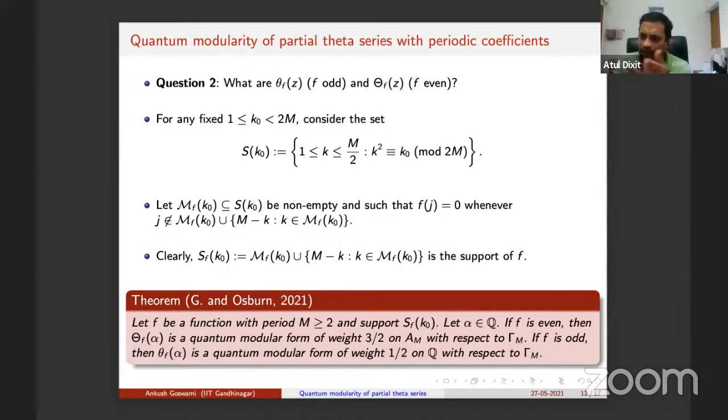I think that is one of the prototypical examples of quantum modular forms. So maybe that couldn't be written in that form. But that is not a partial theta series, right? Yes, I think so. So can you prove that it is not? No, I don't know.